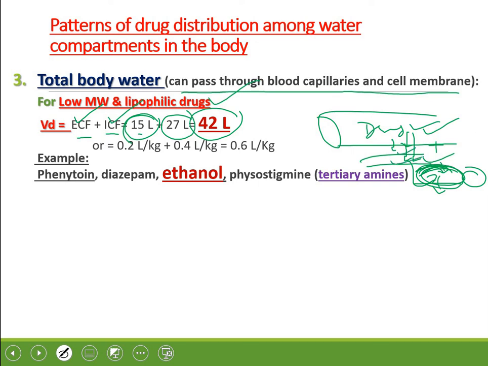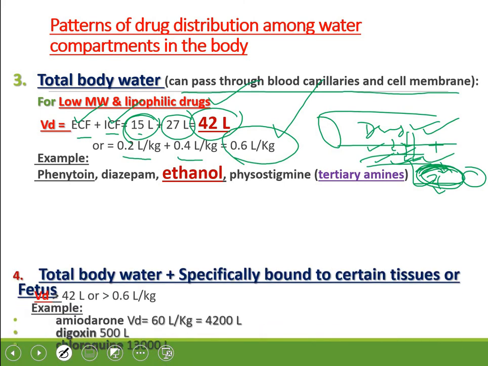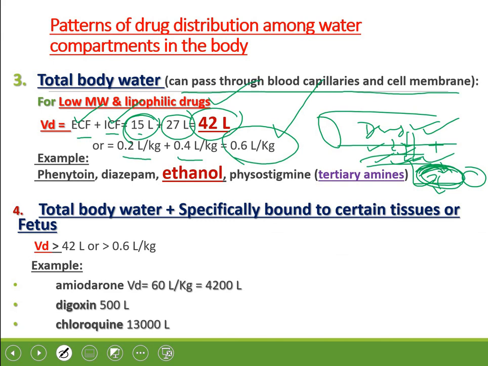So 0.2 liter per kg and 0.4 liter per kg will give you 0.6 liter per kg. It means the total volume of distribution will be for these two compartments, especially interstitial fluid and extracellular fluid. Drugs like diazepam, phenytoin, and physostigmine, the tertiary amines, will have a large volume of distribution.